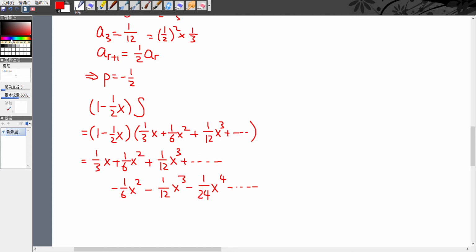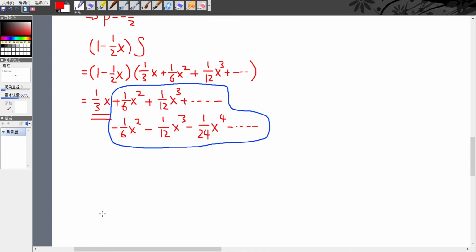So you need to observe that all the terms circled in this blue circle are all cancelled. So 1 minus 1 over 2x times S is actually equal to 1 over 3x.